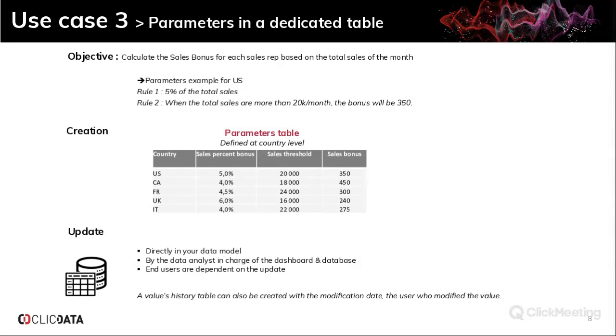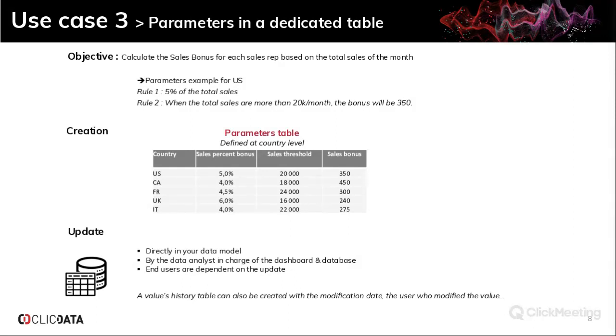The first one is that they get a bonus, for example, on their total sales, and the bonus is 5% of this total sales. And in addition to this, rule number 2: when the total sales are more than, let's say, 20,000 a month, the bonus will be 350.